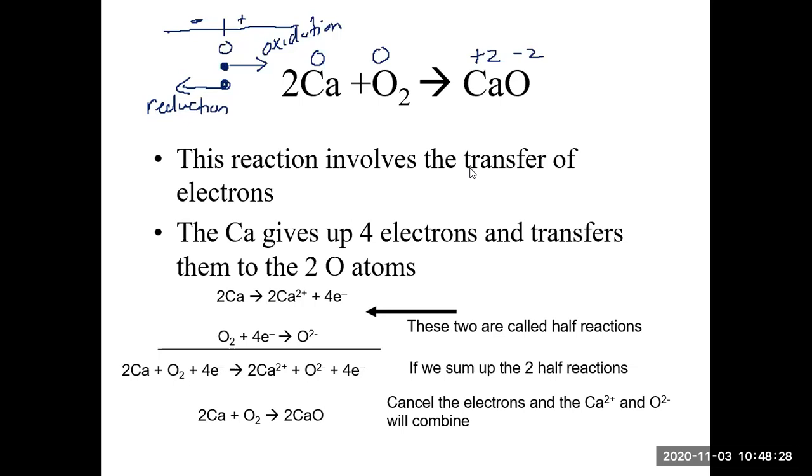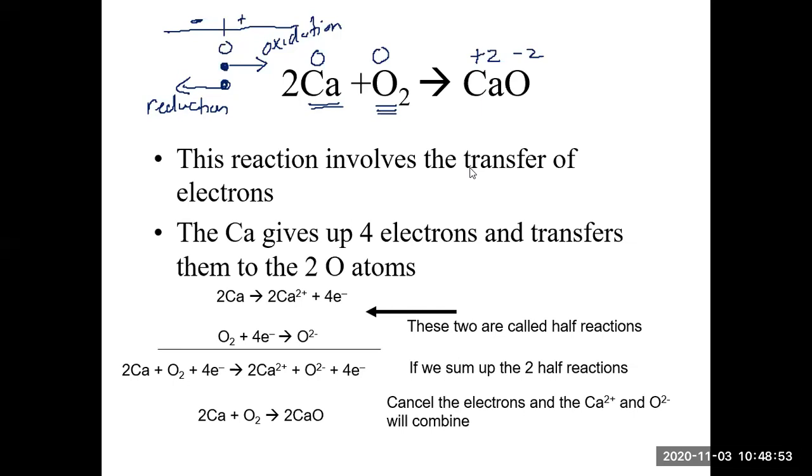So again, a very simple way you could kind of figure that out. By the way, as you probably should know, probably from Chem 50 and maybe even Chem 40 as well, metals are typically the ones that lose electrons. So when you have a metal and a non-metal together, that is usually what should happen. Our metal should lose electrons and go through oxidation. Our non-metal should gain electrons and go through reduction.